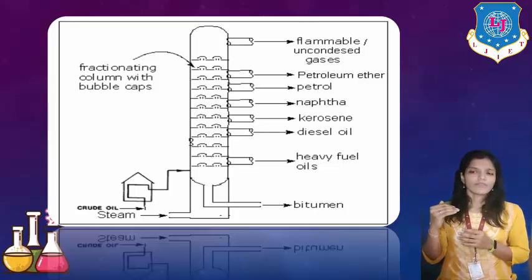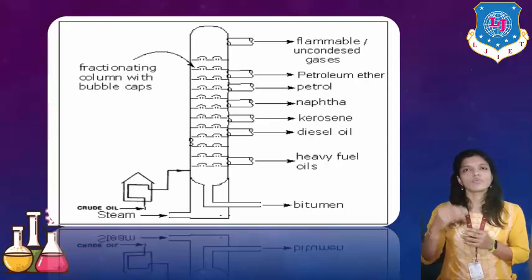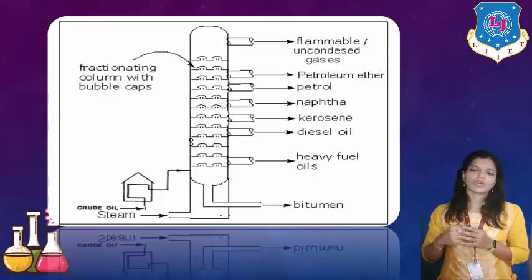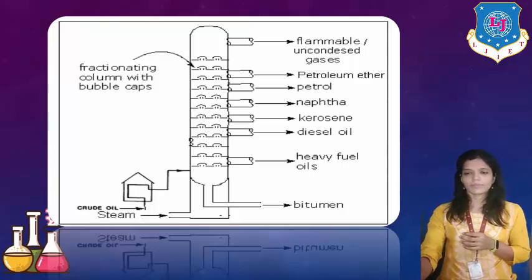As we move ahead, we get petrol, then naphtha, then kerosene, afterwards diesel oils, then heavy fuel oils. And at the bottom of the fractionating column we have bitumen. Bitumen is a hard, black, coal tar substance, a very thick, semi-solid kind of substance, which is removed from the bottom of the fractionating column.